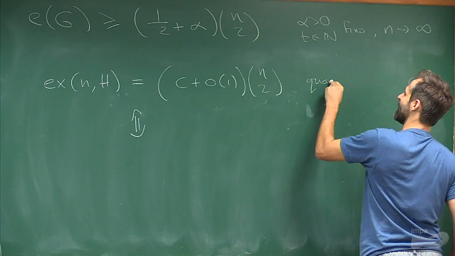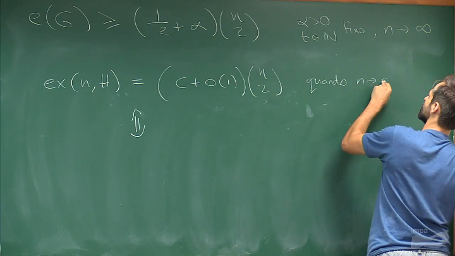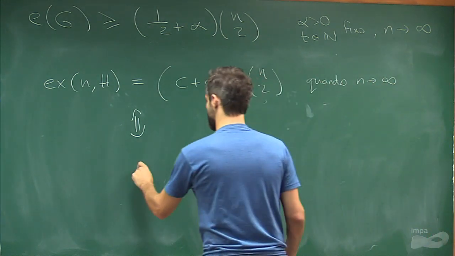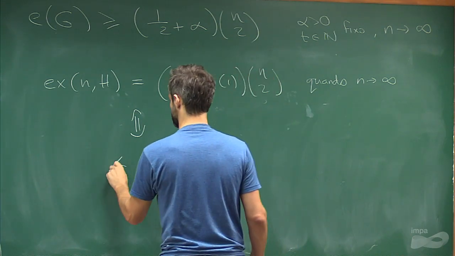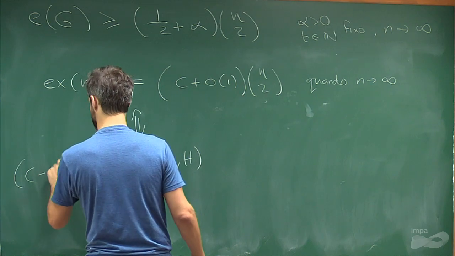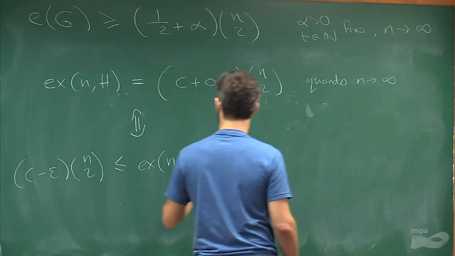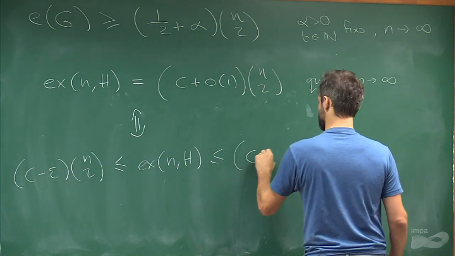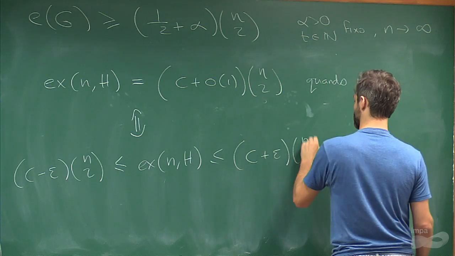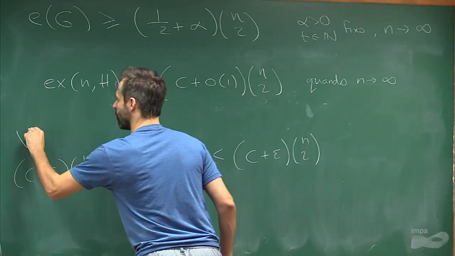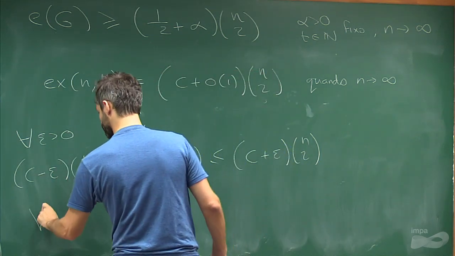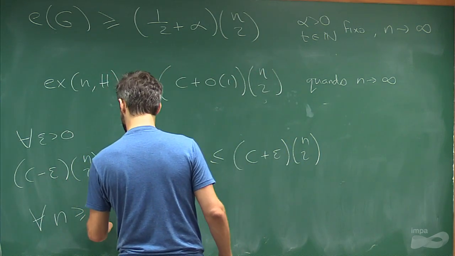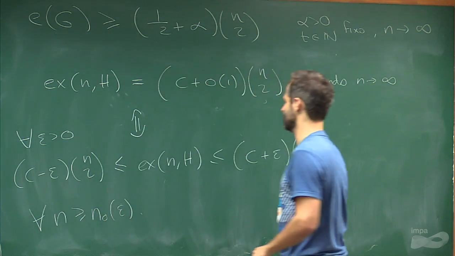This really means when n tends to infinity the same thing as: for all epsilon, this holds for all n sufficiently large as a function of epsilon.